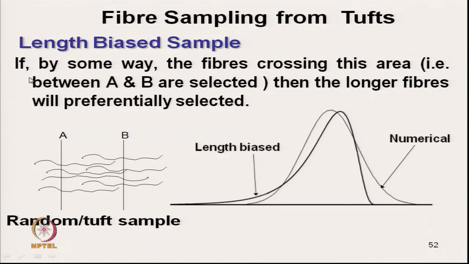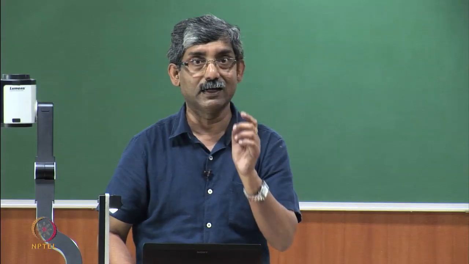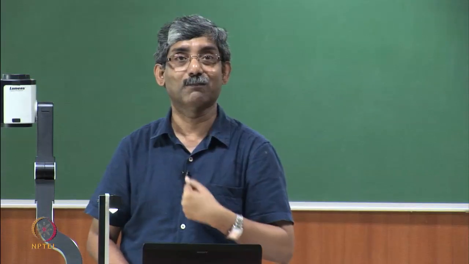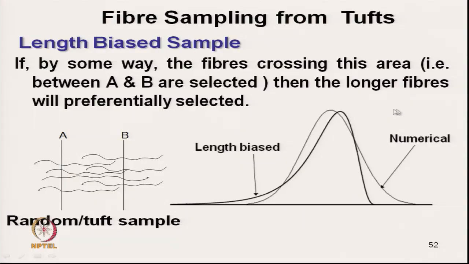If by some way the fibers crossing the area between A and B can be selected, then it will be length bias sampling. So, the longer fiber will preferably be selected.